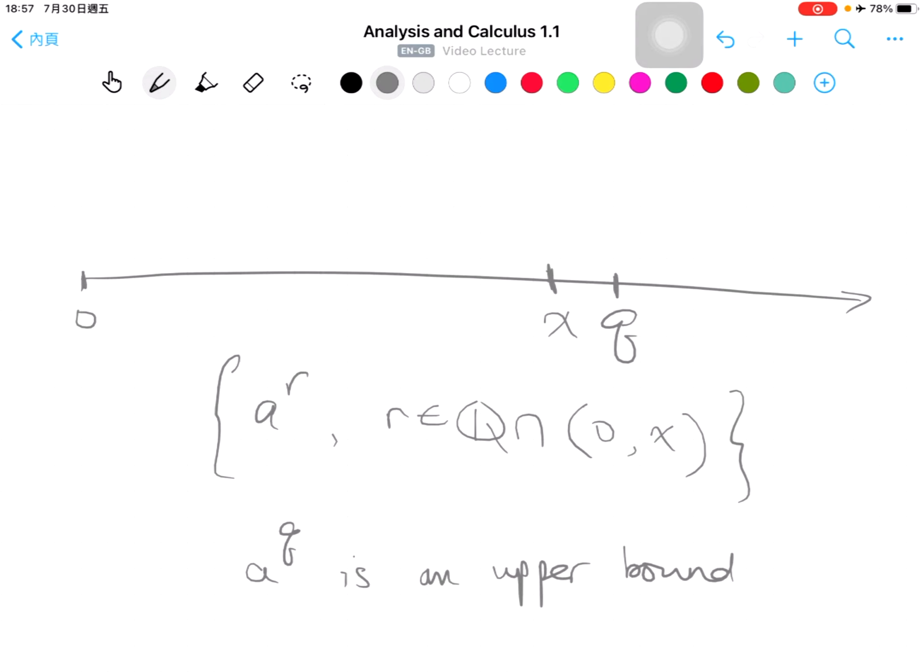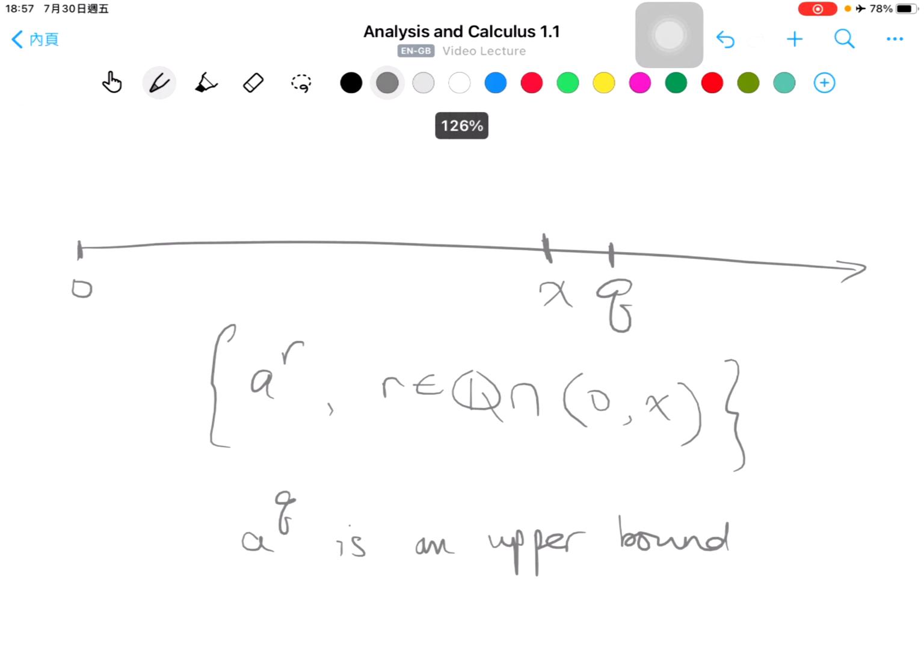We have an upper bound, which means what? It means the supremum of the set exists. Right? The supremum of this set exists.